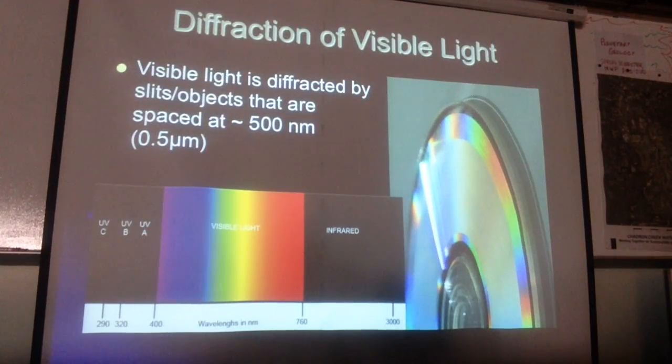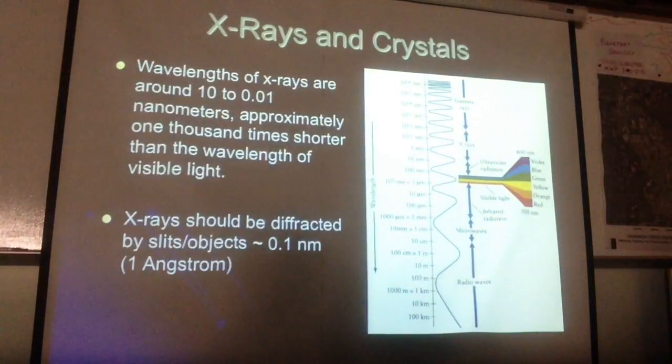When we talk about X-rays and crystals, the wavelength of X-rays is about 10 to 0.01 nanometers, which is approximately 1,000 times shorter than the wavelength of visible light.